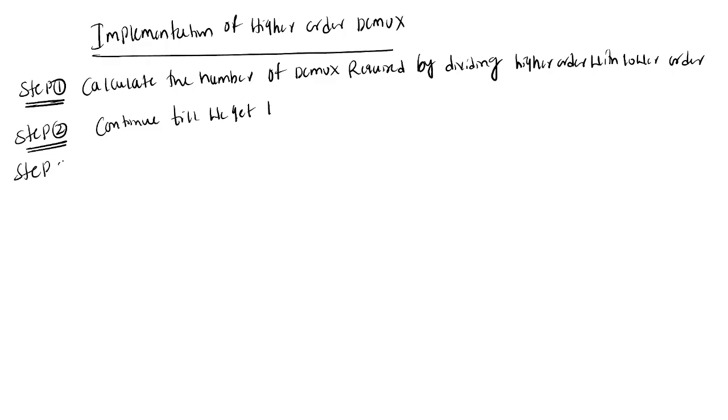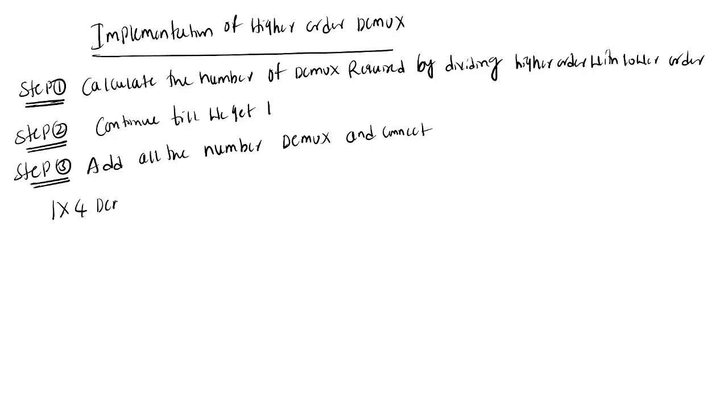Step 3, add all the number of demux and connect. Okay, so I want to implement 1 cross 4 demux using 1 cross 2 demux.